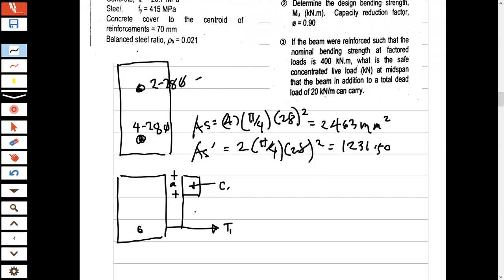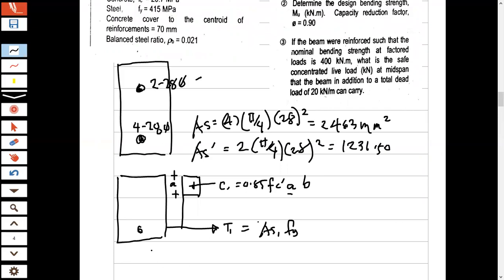If we know T1, then we can compute C1, which is just equal to 0.85 fc prime a times b. So, a lang naman tinatanong. T1 is equal to AS1 times fy.